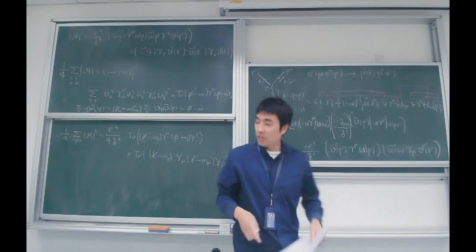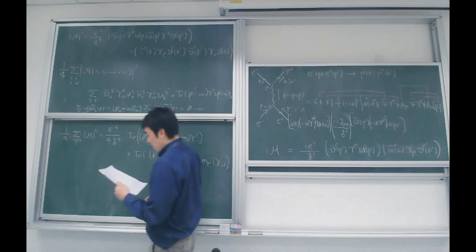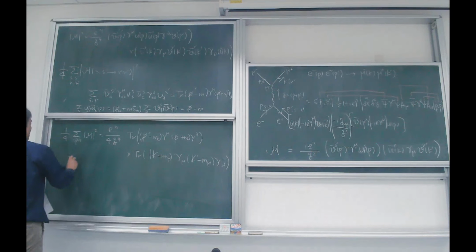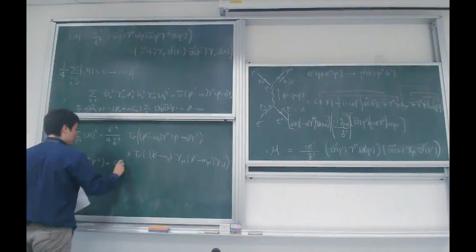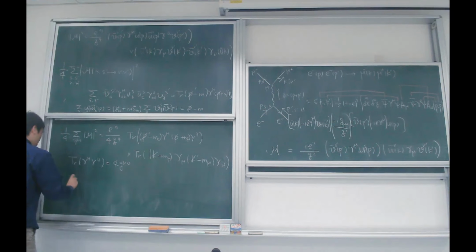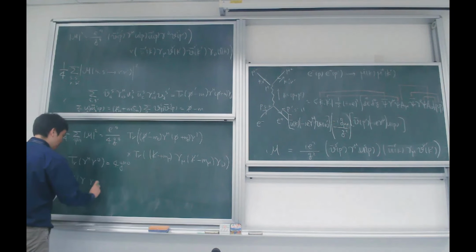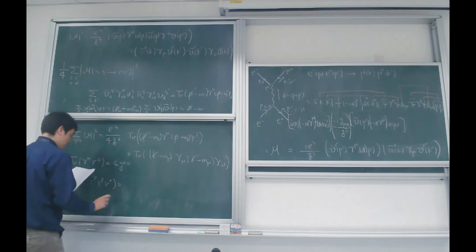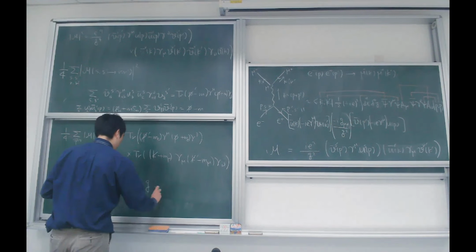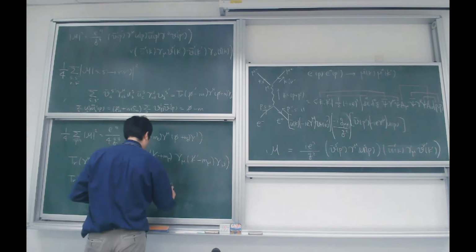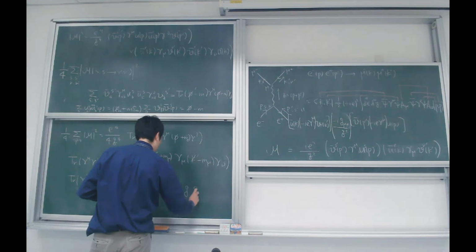Now, we just need to apply the following rule. The important thing is the trace of gamma mu, which you already did in homework, is equal to 4 g mu. And the trace of gamma mu gamma nu gamma rho gamma sigma is 4 times (g g minus g g plus g g), with the indices as written.